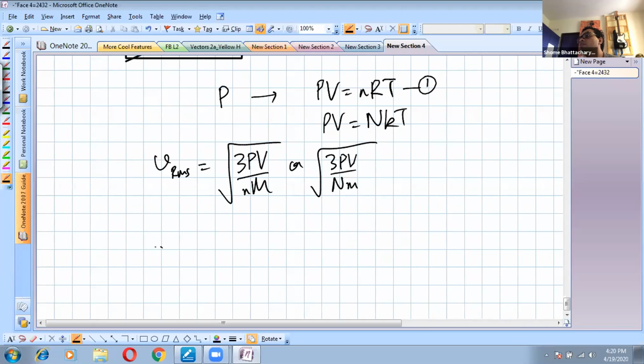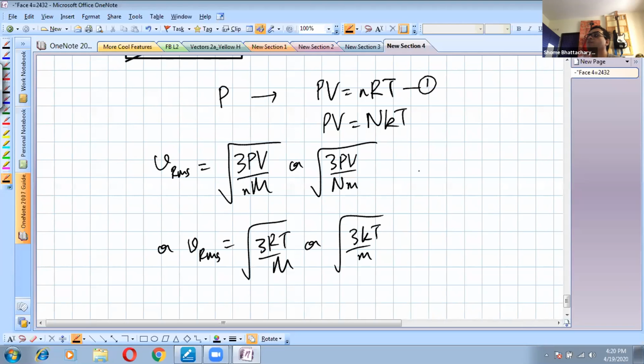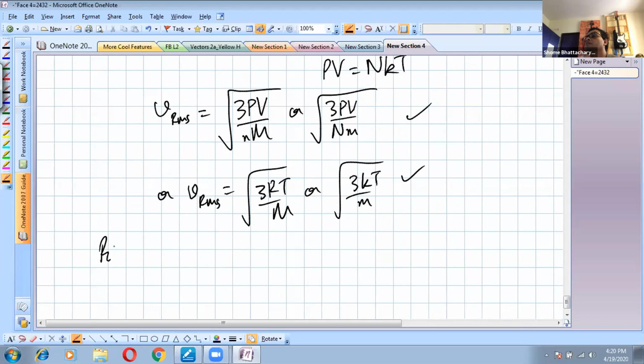Or we can further also write this as VRMS is equal to square root of 3RT by M, which is the same thing as square root of 3kT divided by molecular mass, small m. So we have all these relations. Now what we want to do is relate pressure with kinetic energy per unit volume.